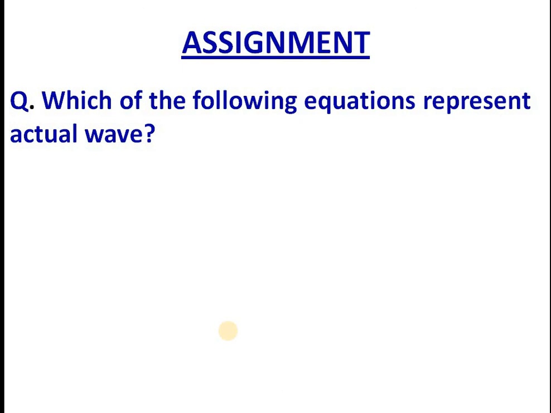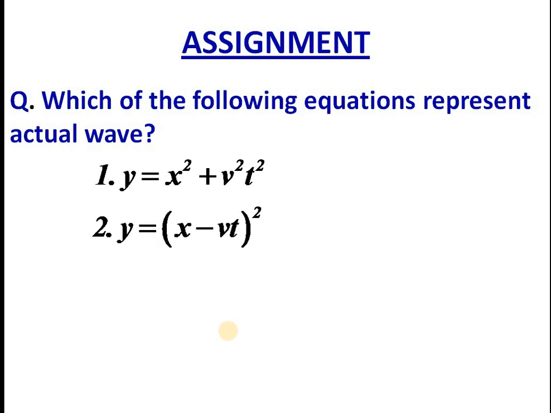We have already got the wave equation and the differential equation. If a question is given like this, y is equal to x square plus v square t square, you have to prove whether this is a representation of a wave or not. We are not sure whether this is a wave or not. How will you prove it?